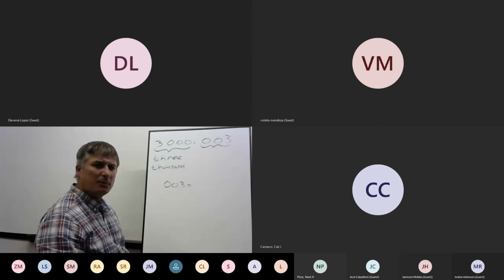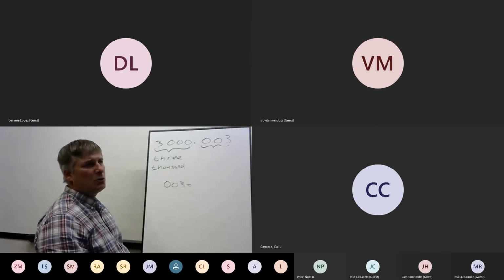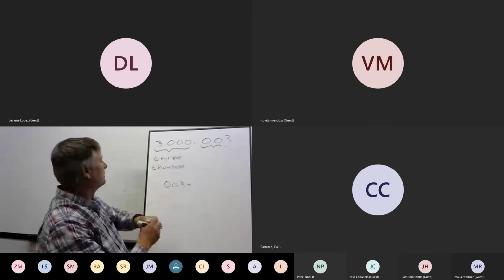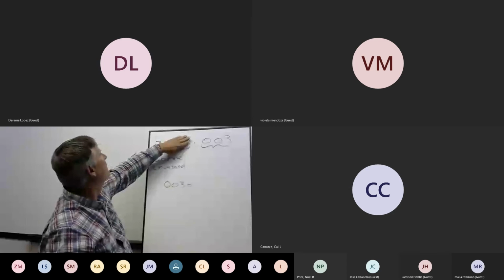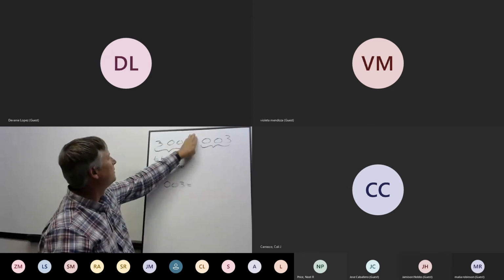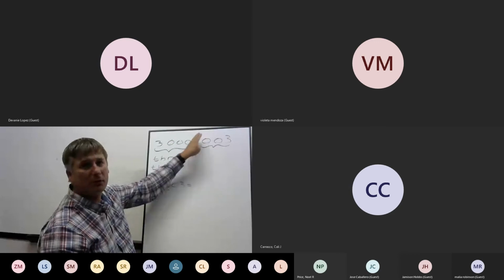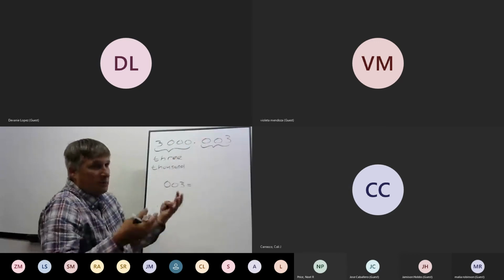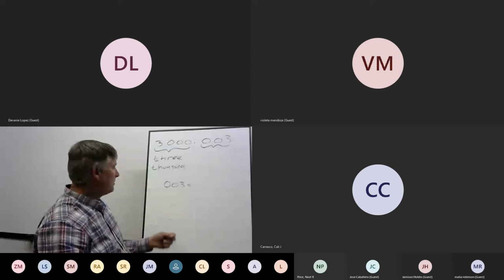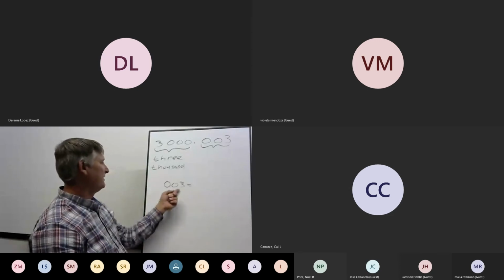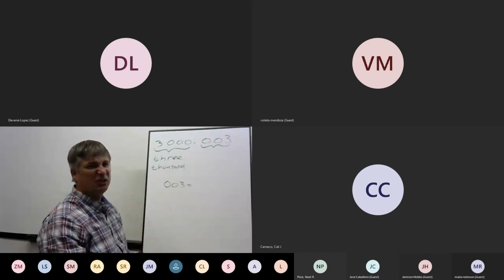Now, this is something that comes up in math. If you put zeros to the right of a number, 3, 30, 300, 3,000, when you tack on zeros to the right, it changes things. Things get bigger and bigger. But unless there's a decimal here, just putting zeros to the left doesn't change anything.